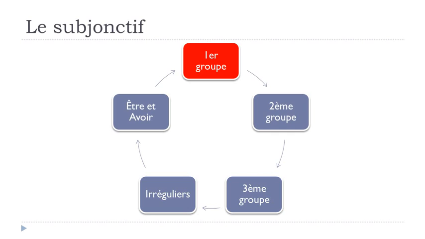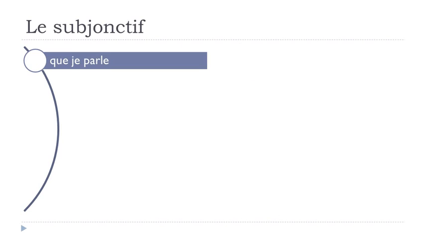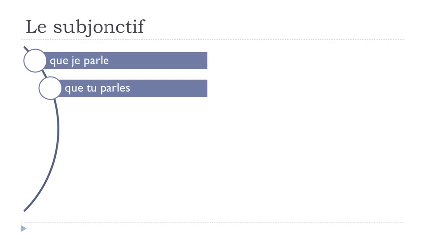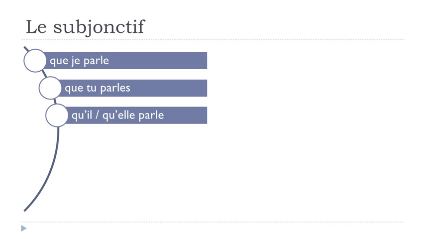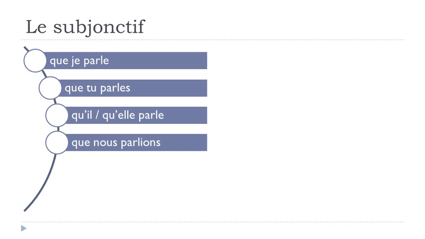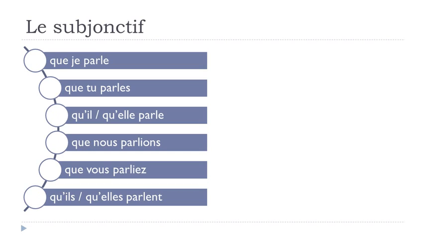Okay, so let's see now the first group, and you will see that it's quite easy because we get que je parle, que tu parles, qu'il parle, qu'elle parle, que nous parlions, que vous parliez, qu'il parle, qu'elle parle. All right, this is the subjunctive, and it's quite interesting because if you take the time to look at it, que je parle, it's exactly the same form as the present form.